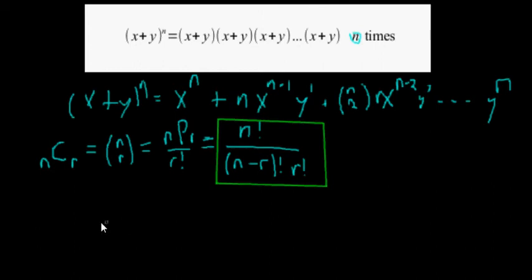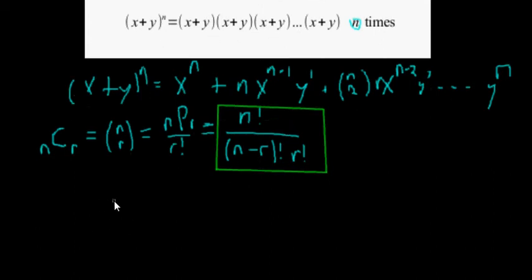So the actual notation of this, the binomial theorem, is the sum from r equal to 0 to n, whatever your n value is, of the combination n choose r, times some function, we'll call it x.